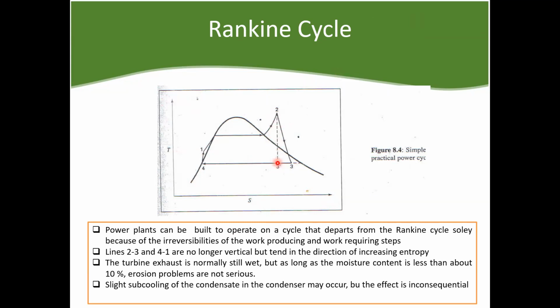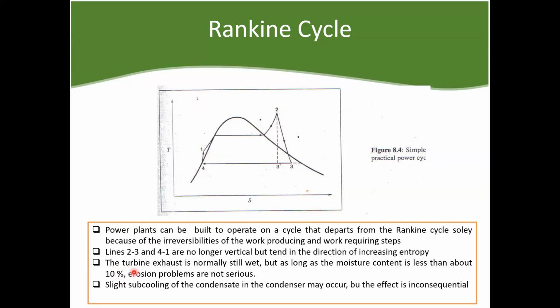But in reality, the flow should always lean to the right where entropy increases, symbolizing the irreversibility of the process. So line 2 to 3 is actually not vertical, but tends to be in the direction of increasing entropy. And then line 4 to 1 also tends to lean to the right. So, increasing entropy.